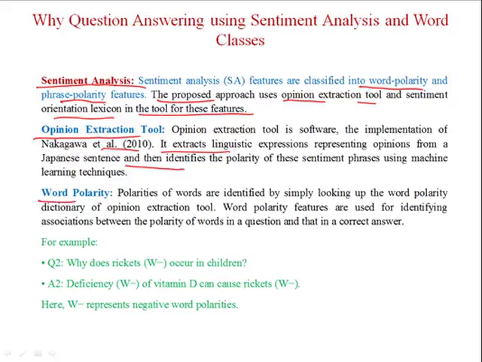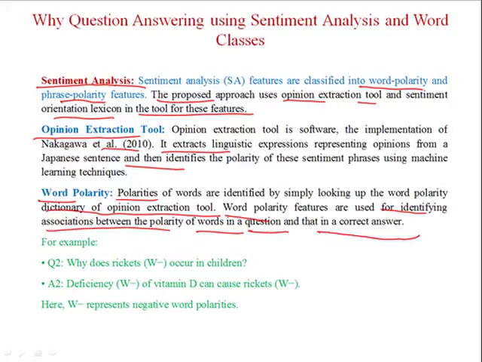To calculate the word polarity, it uses the word polarity dictionary of the opinion extraction tool. Word polarity features are used for identifying the association between the polarity of words in the question and the correct answer.